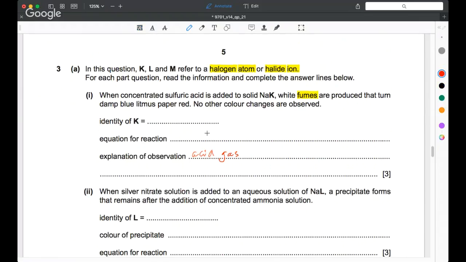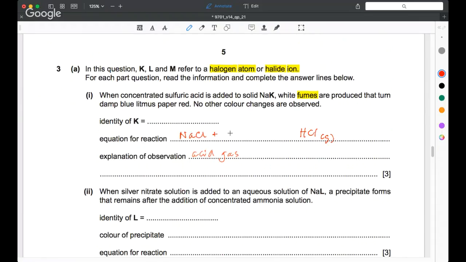Well, what gases do you know that are acid that might be connected with halide ions? Well, that sounds like hydrogen chloride gas. So what's our equation here? We think we've got hydrogen chloride gas, and so we've got sodium chloride.